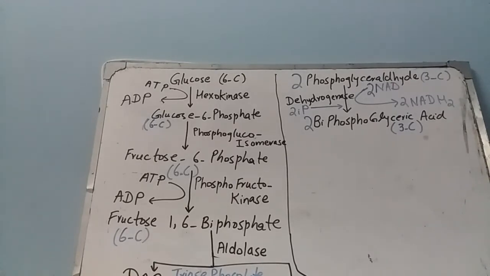You can see I have written 2 with phosphoglyceraldehyde and 2 with the IP. IP means inorganic phosphate, and 2 coenzymes NAD are reduced to NADH2, and as a result 2 molecules of biphosphoglyceric acid are formed. Biphosphoglyceric acid is again a 3 carbon compound.